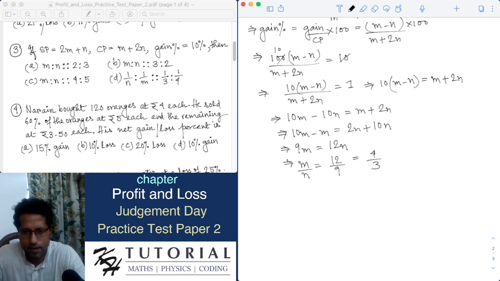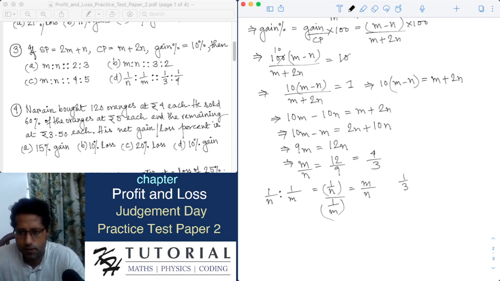But you can also check that this is indeed the correct answer, because 1 by N is to 1 by M is equal to 1 by N divided by 1 by M. This is M by N. And the ratio 1 by 3 to 1 by 4 is similarly 1 by 3 divided by 1 by 4.